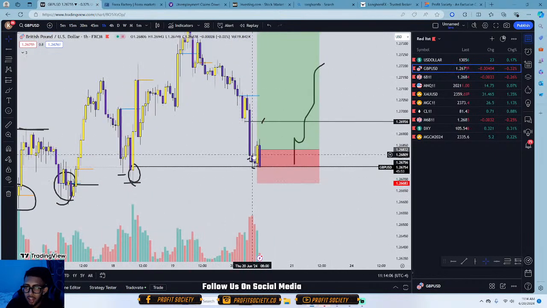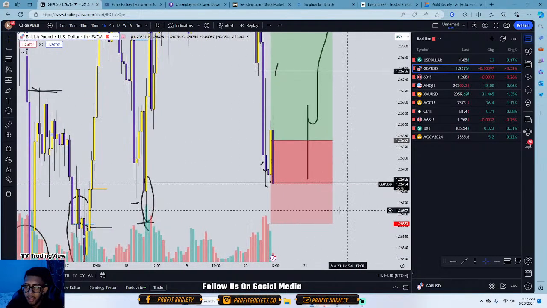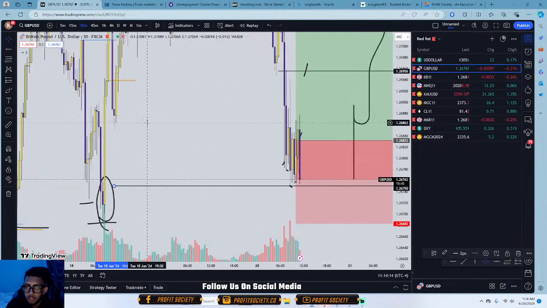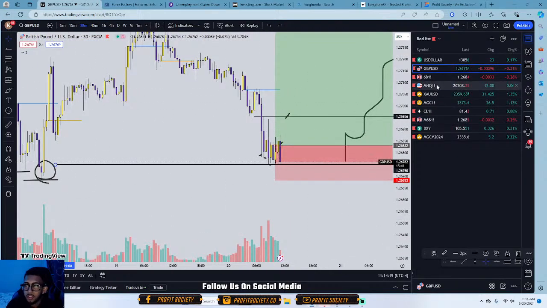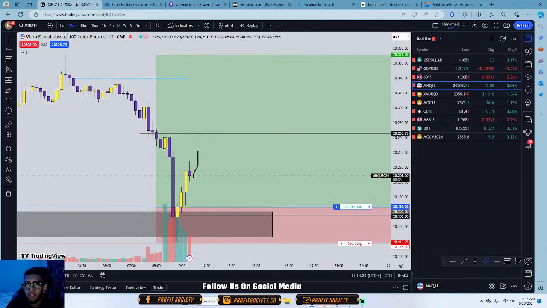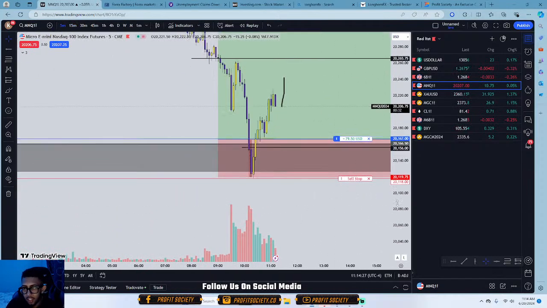I don't like the way that candle opened up. And we just broke. There is a possibility that we still continue, but once again, I'd rather hold out on this position right over here. It's already 11:15.